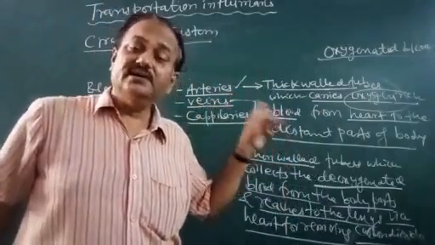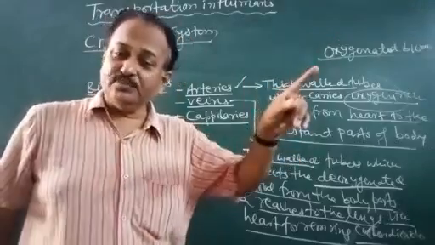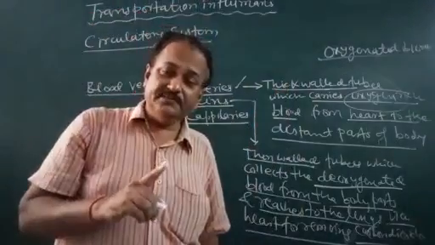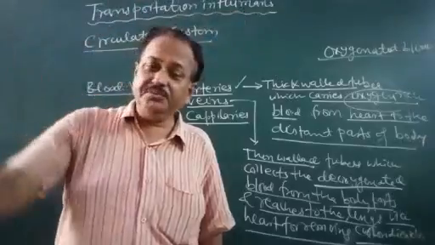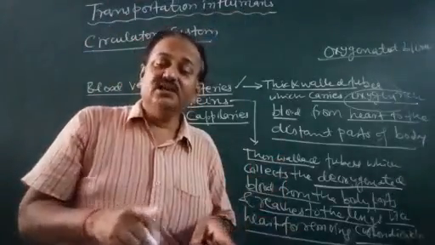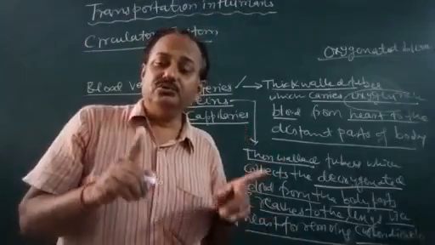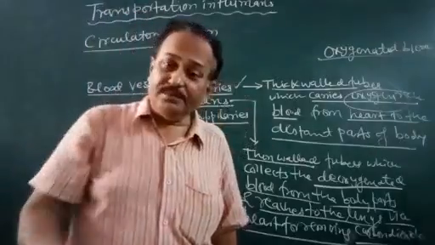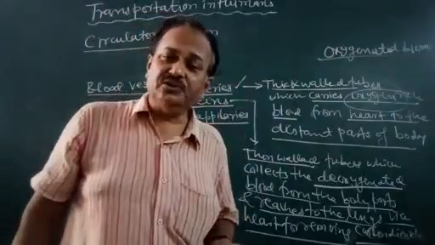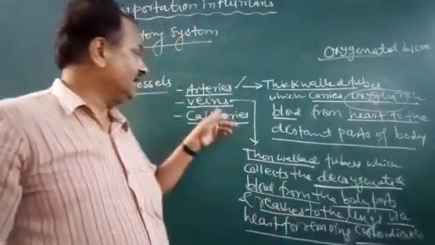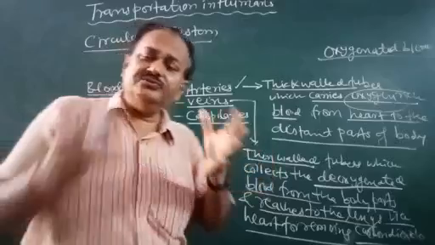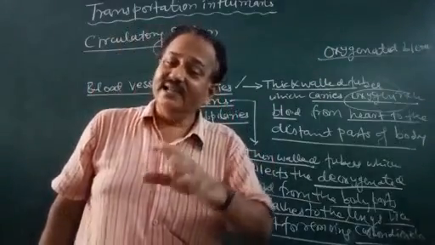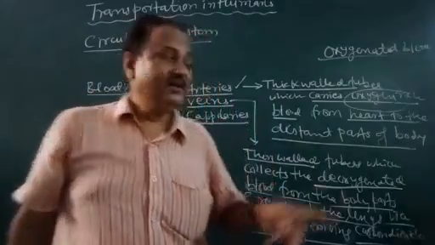Who sends? The heart sends it to different parts of the body. The blood now has oxygen in more quantity, and so the oxygen is distributed throughout the body to the cells for oxidation of food to release energy and for different functions. Then the deoxygenated blood is collected by the veins. The purpose of a vein is just to collect the blood, and that's why the walls are thin.